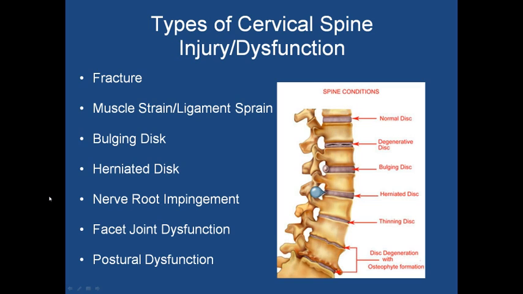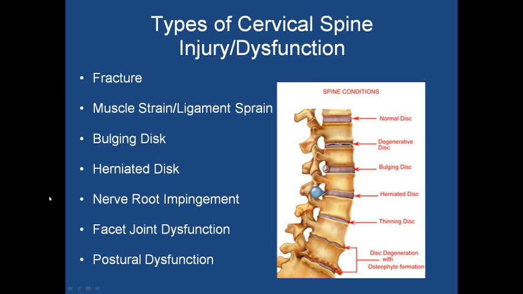If for some reason they get stuck, that'll hinder your motion or limit your range of motion. And that's something very common that we treat with therapy in order to restore normal motion, is to free up that facet joint sometimes if it gets stuck. And it can be very painful at times as well.